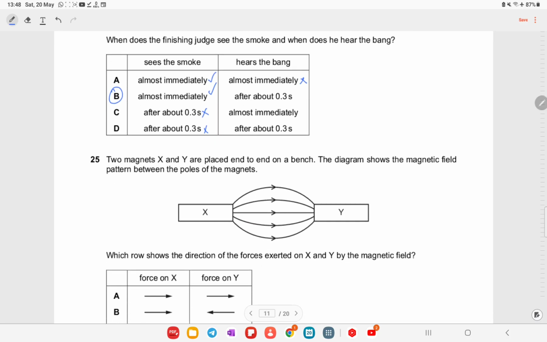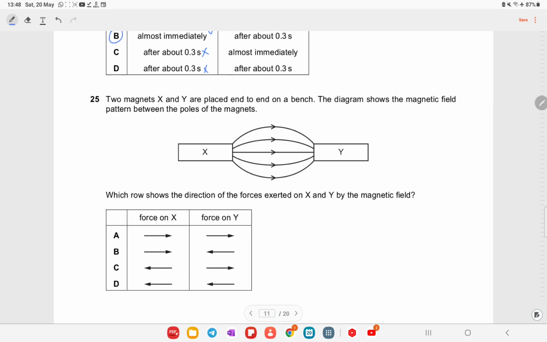Two magnets X and Y are placed end to end on a bench. The diagram shows the magnetic field pattern between the poles of a magnet. Which row shows the direction of the force exerted on X and Y by the magnetic field?